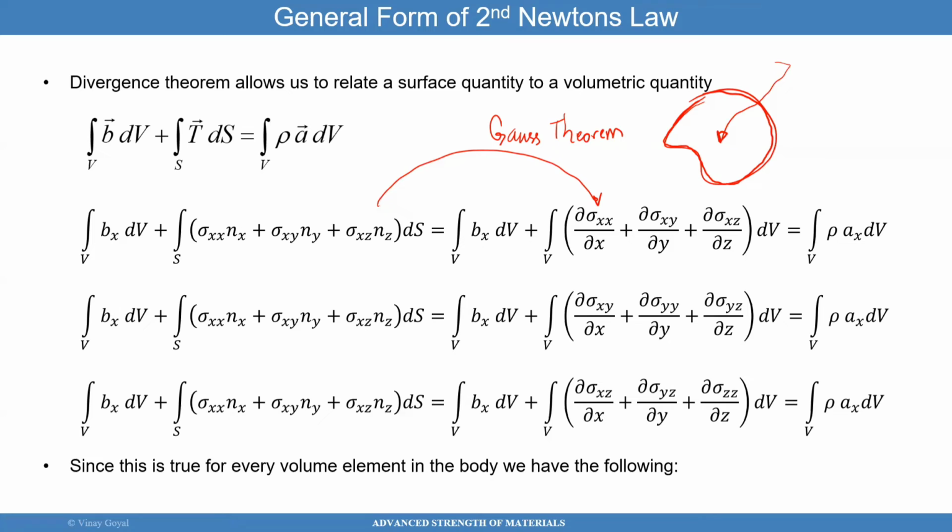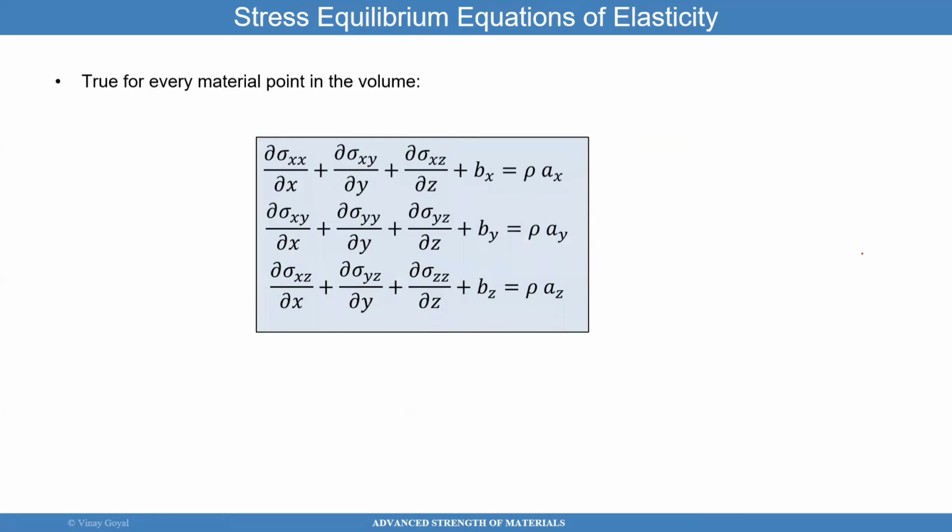And what I realize is that this and this now can be combined into a single integral, because now everything is a volume integral. So I can remove the volume integral and just say that this plus this equals this. And so I get the three equations that are fundamental to elasticity.